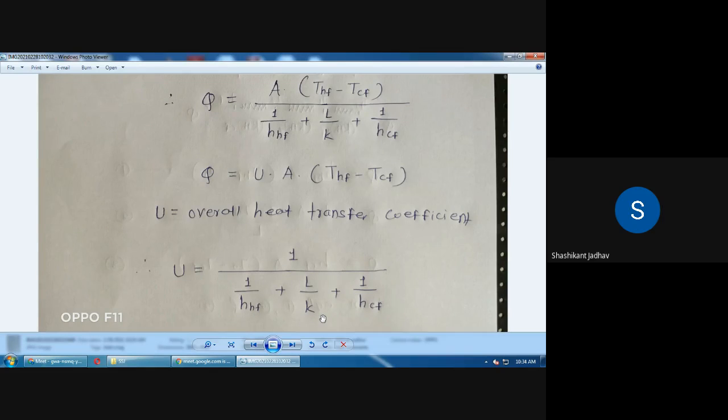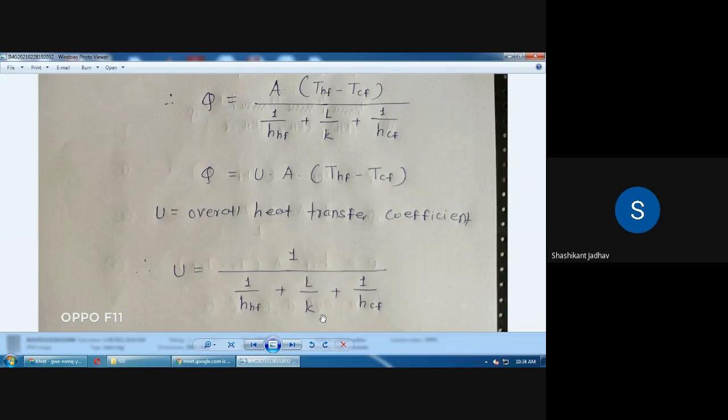Now we have to solve the problems related to these 4 derivations: the plane wall, then thermal diffusivity, then composite wall, and then overall heat transfer coefficient.